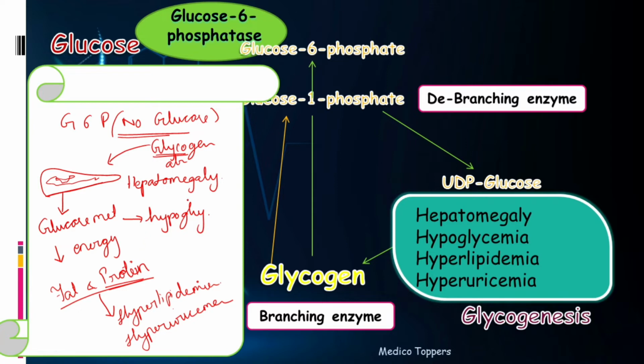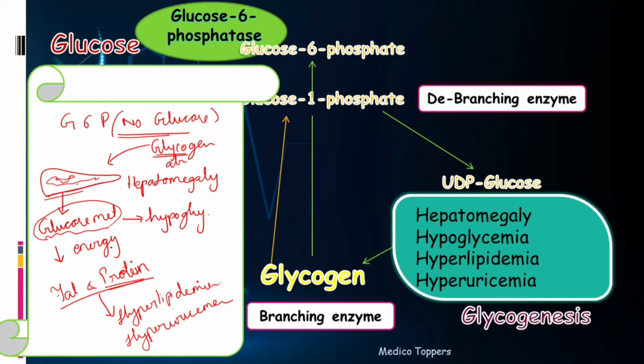disease. So hepatomegaly is mainly because of abnormal glycogen getting deposited in the liver, and since the liver is the main source of glucose metabolism, any problem with glucose metabolism will lead to hypoglycemia, and if there is hypoglycemia, there will be a lack of energy in the body.